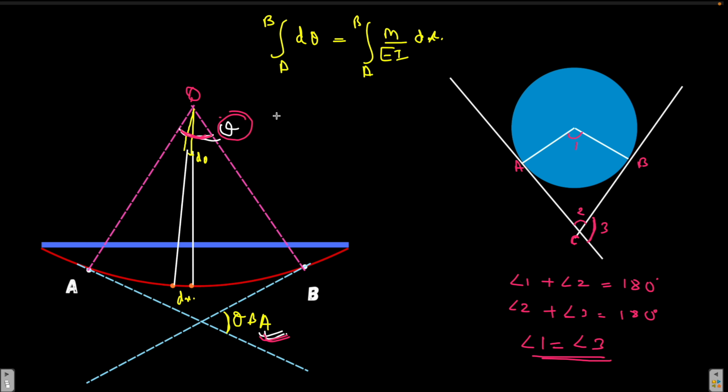So let's do that. Integration of d theta from A to B will give you theta at B minus theta at A is equal to the integration of M by EI dx, which is nothing but the area of the M by EI diagram from A to B. It is the same as the area of the M by EI diagram between points A and B. So here we have proved our theorem 1.